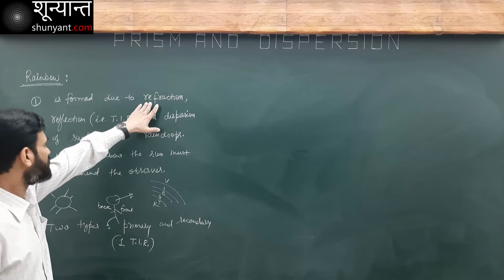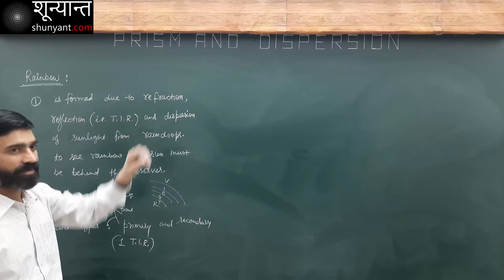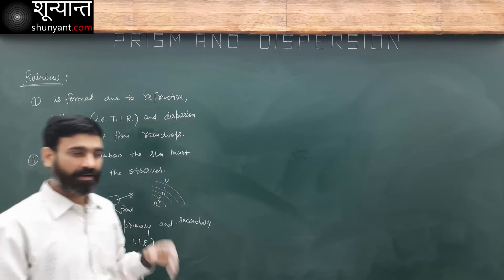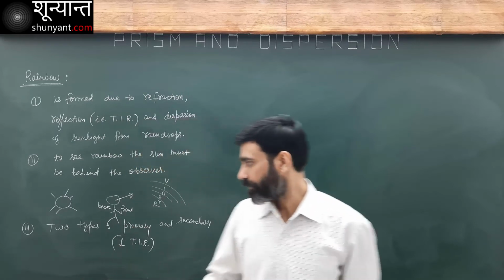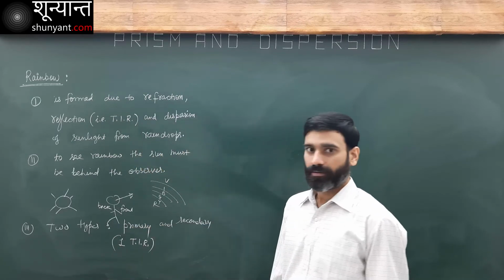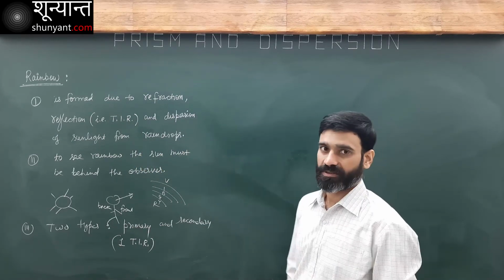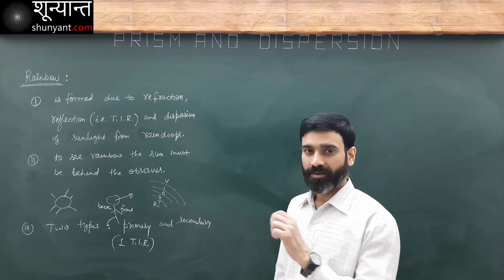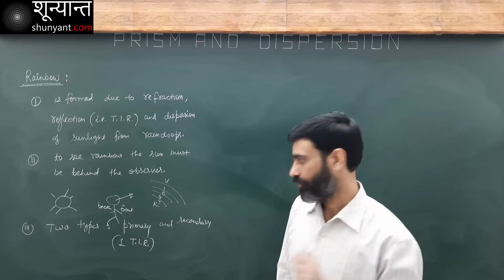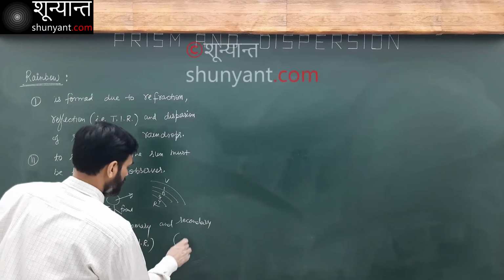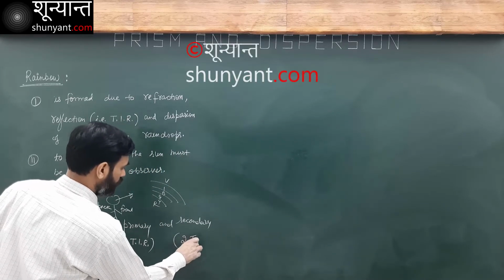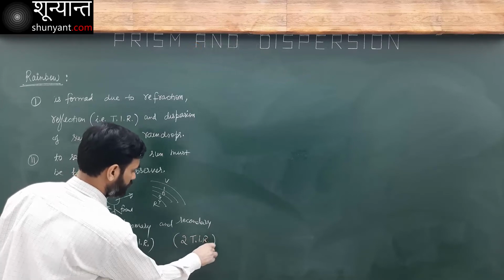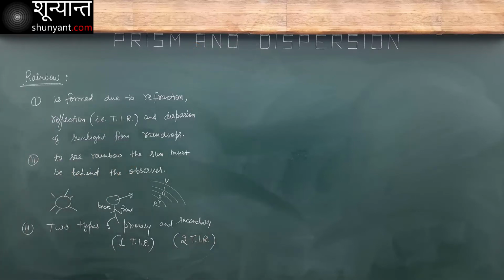This process, refraction, reflection, and dispersion, they create the rainbow. In both types of rainbow, primary and secondary, there are all three processes. In primary, total internal reflection happens one time only, and in secondary it happens 2 times. 2 total internal reflections.